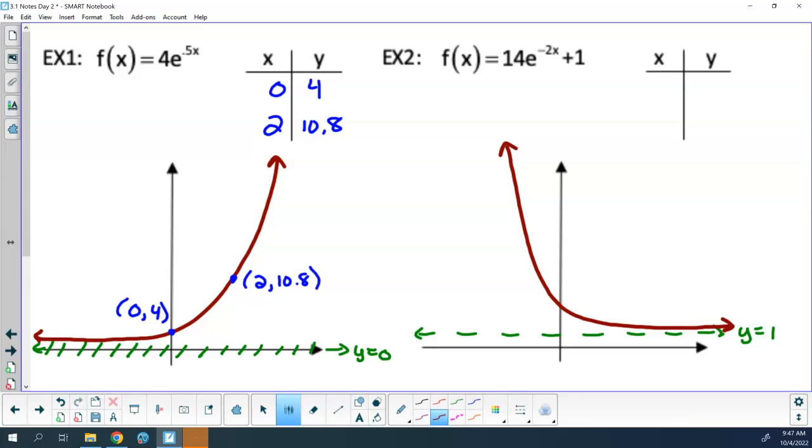Point that it goes through. Negative 2 times 0 is 0. e to the 0 power is 1. Times 14 is 14. Plus 1 is 15.